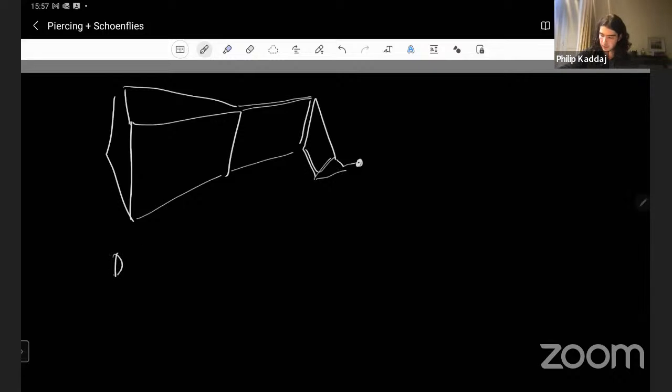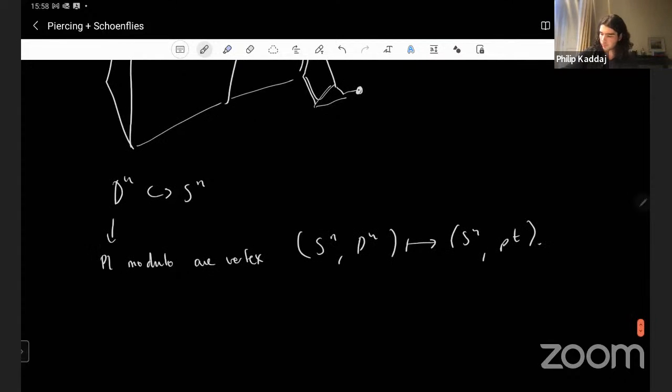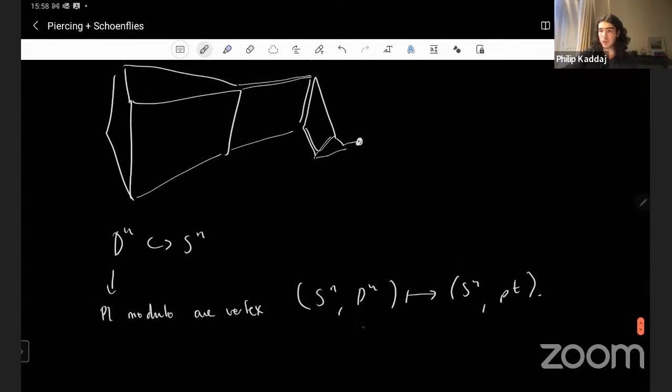So if D^n is in S^n, there's a map of S^n to itself which sends D^n to a point and is a homeomorphism on the complement.